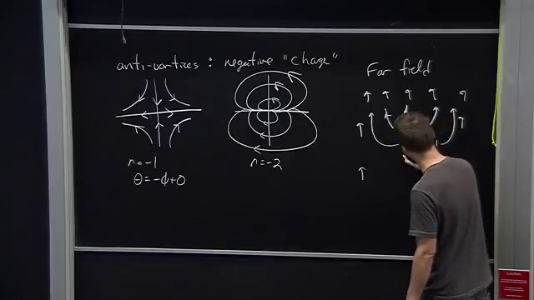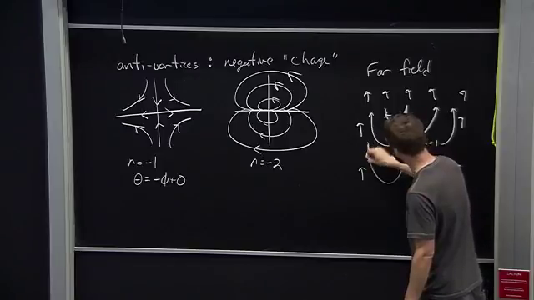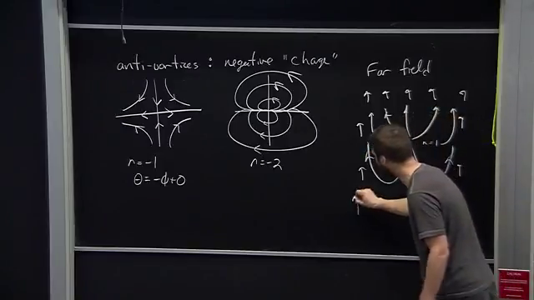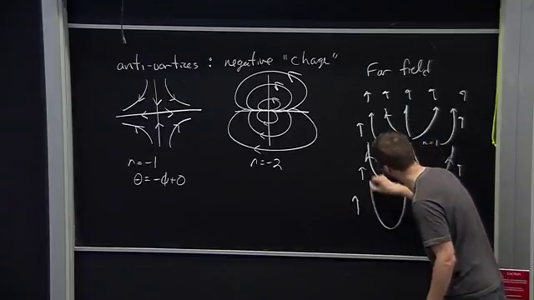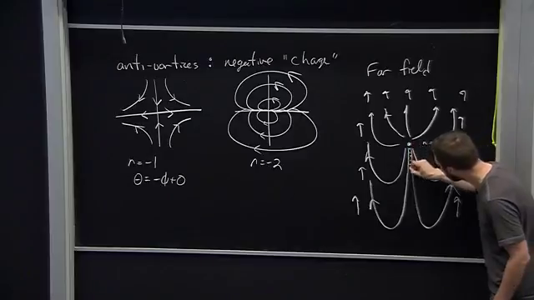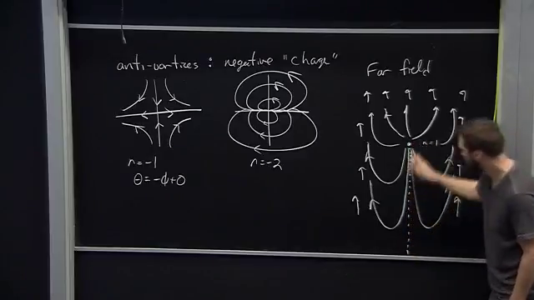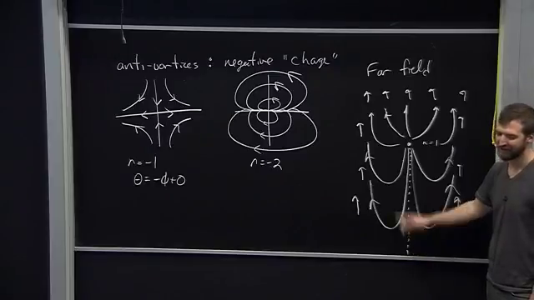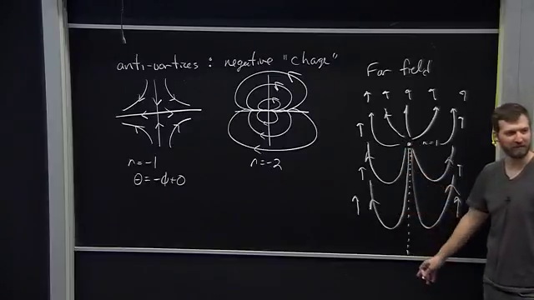Then down here, I have to bend these things up, because as I go to the extreme, I'm bending my field lines up. You'll always have a singular field defect that goes out to infinity for a single vortex.